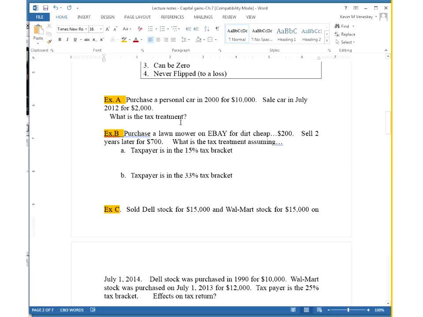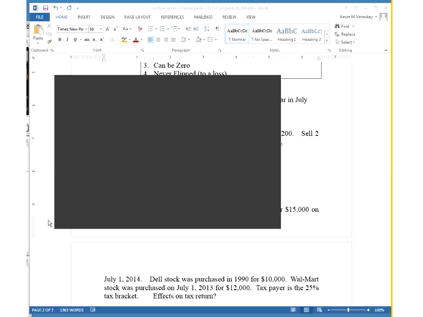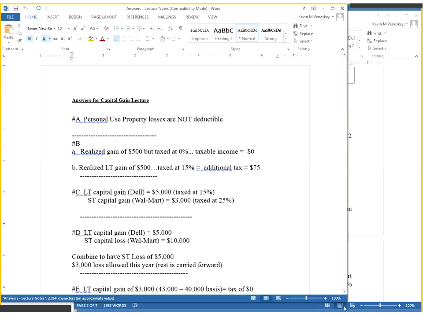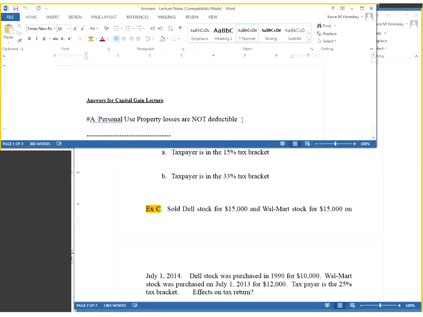However, for tax purposes, the realized loss is 8,000. The recognized loss, what goes on the tax return, would be 0. Let me pull up my answers. So, personal use property losses are not deductible. I'll add a few other little tidbits in here.